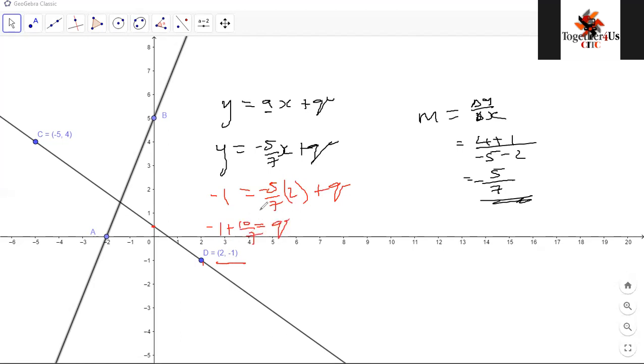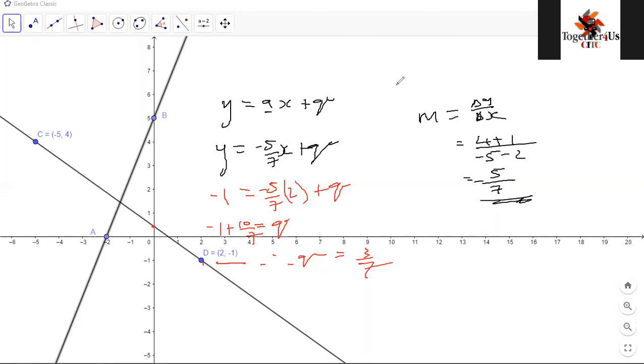And this is a time where you take advantage of the instruction in the exam paper that non-programmable calculators may be used. Of course, this will give you 3 over 7, and that's something like 0.43.